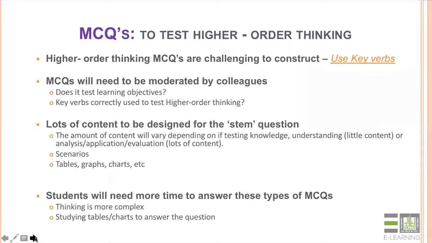And this last point helps answer some of the previous questions that were raised by colleagues. Students will need more time depending on the type of multiple choice question.